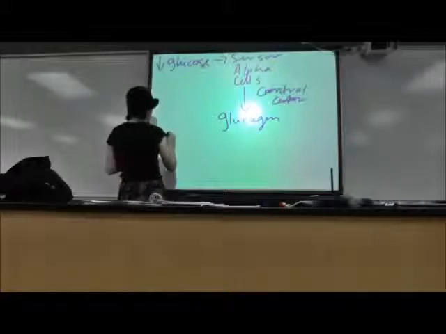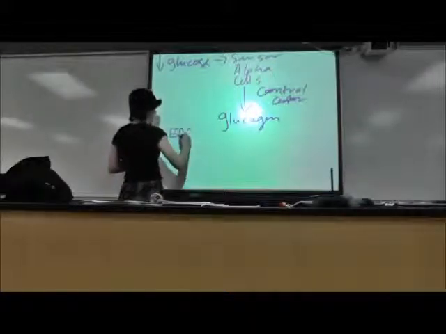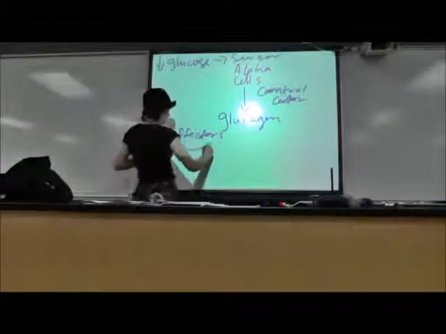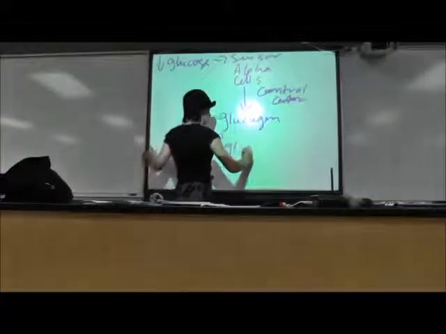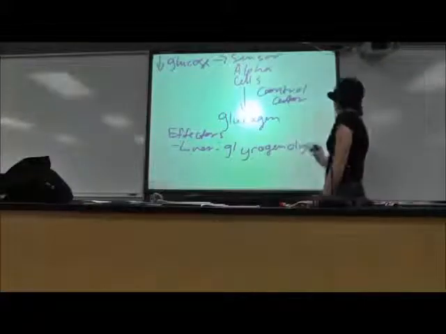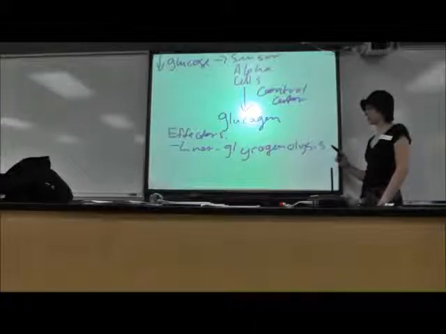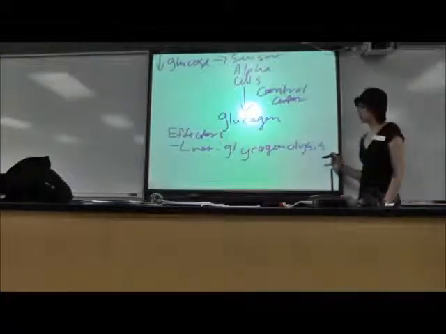Glucagon is going to stimulate the effectors at the liver. It will stimulate glycogenolysis, which is the breakdown of that stored glycogen. So we break down that stored glycogen and release it as glucose.